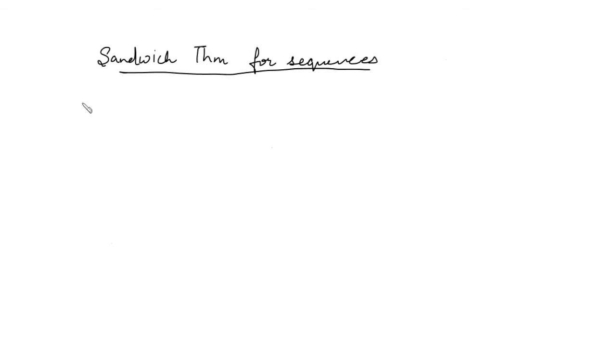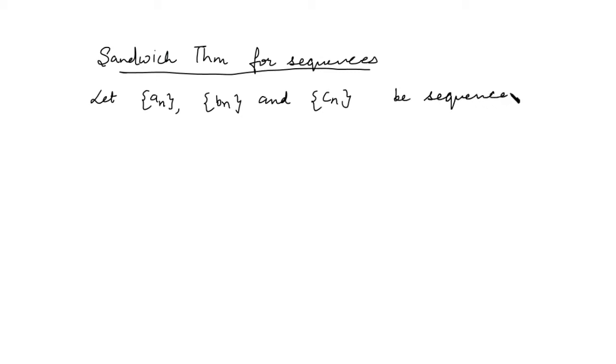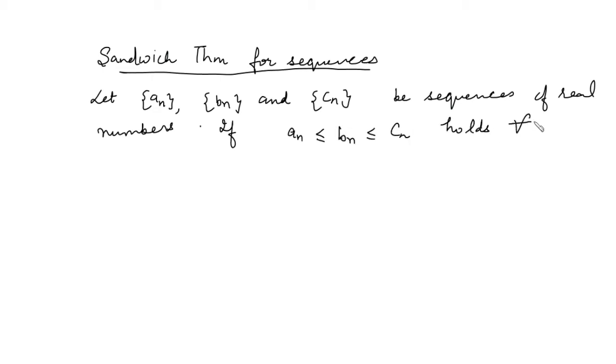This theorem says that, let's suppose you have three sequences a_n, b_n and c_n, which are sequences of real numbers, and we have the relation that a_n is less than or equal to b_n is less than or equal to c_n, and it holds for each n greater than or equal to some fixed number N_0.